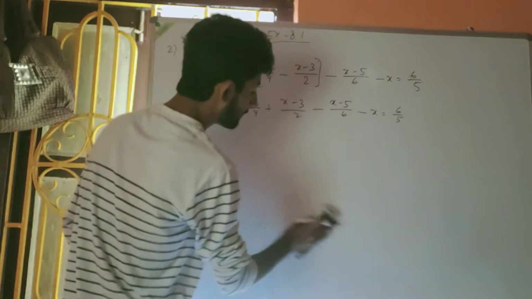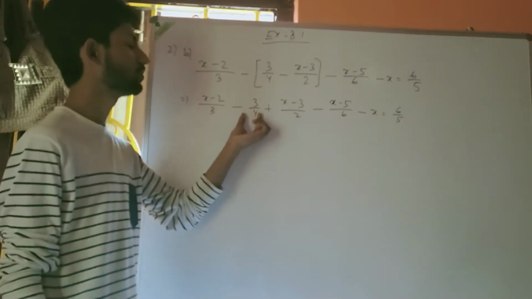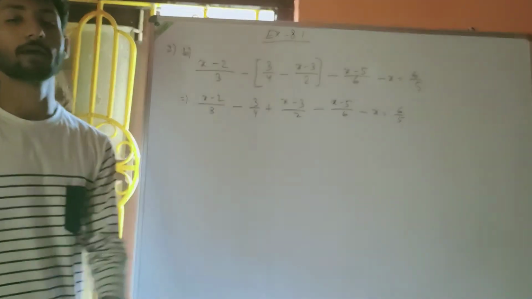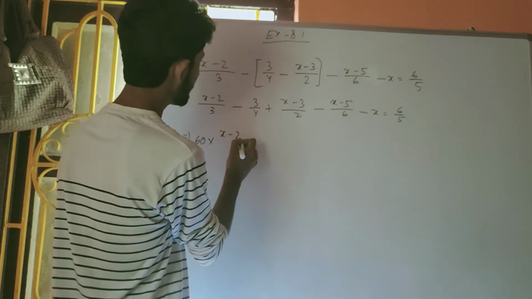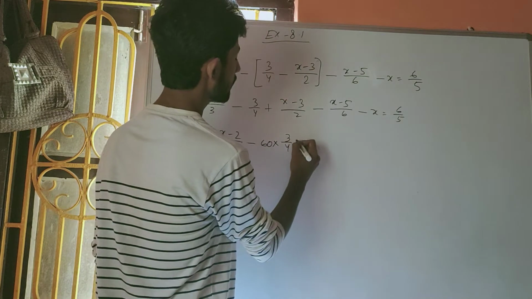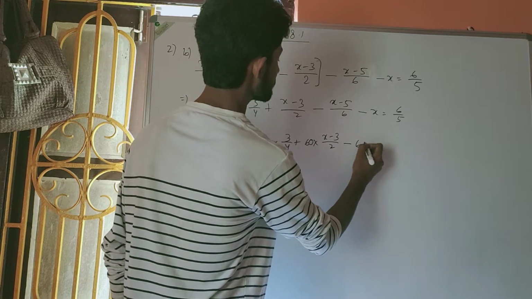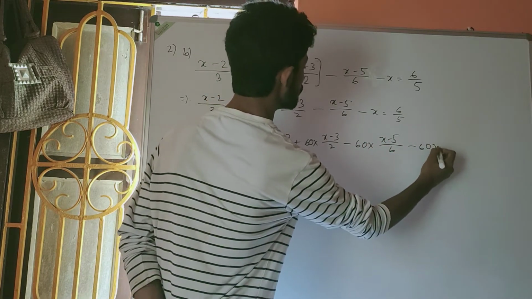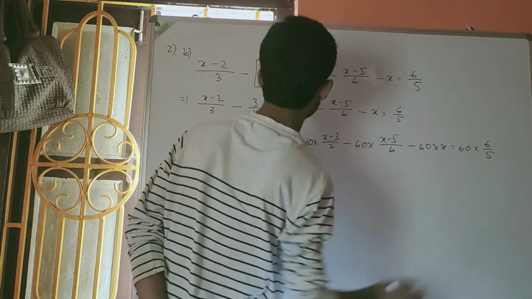Now multiply all the terms, the first term, second, third, fourth, fifth and sixth term, with 60. So we'll do 60 into (x minus 2 by 3) minus 60 into 3 by 4 plus 60 into (x minus 3 by 2) minus 60 into (x minus 5 by 6) minus 60 into x equals 60 into 6 by 5.